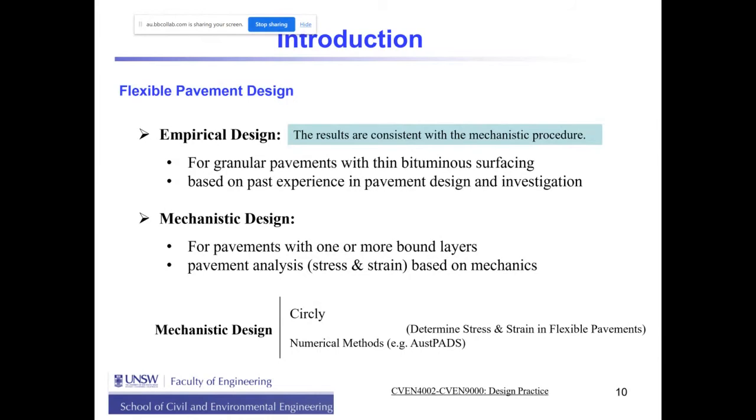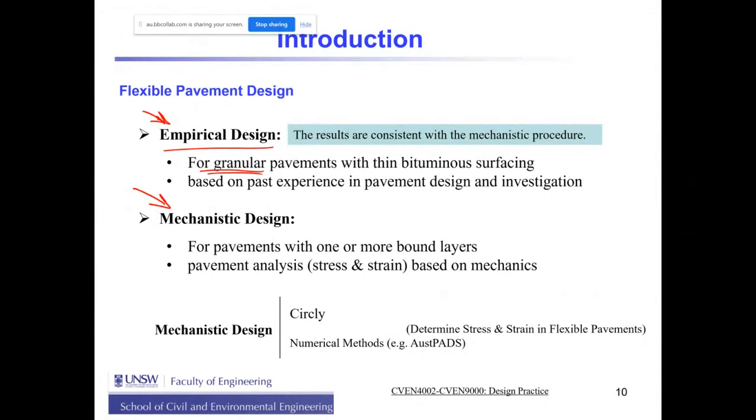But which method do we need to use for the design? There are two approaches. One is called the empirical design approach. The other one is the mechanistic design approach. The empirical design approach is very straightforward, it's very simple, but it is limited to the design of pavements with granular materials.